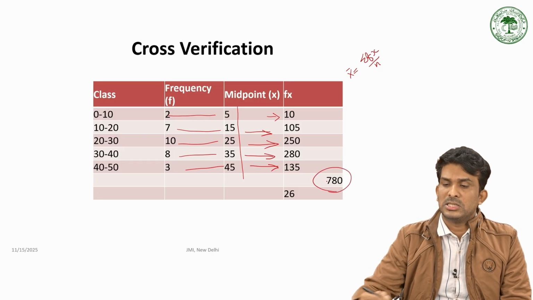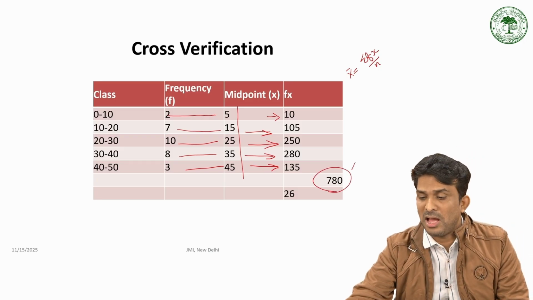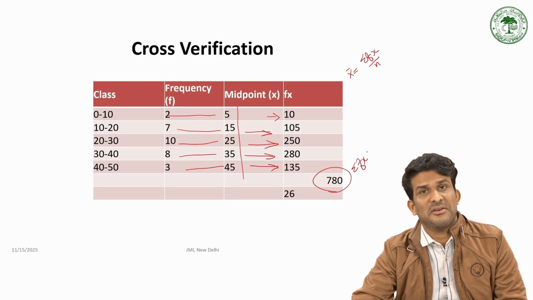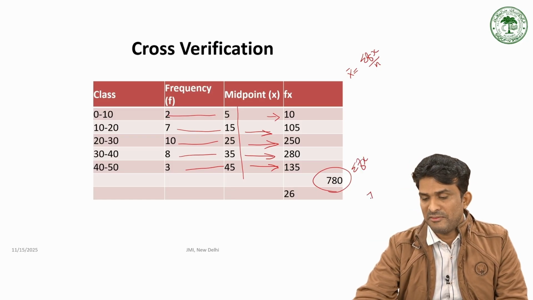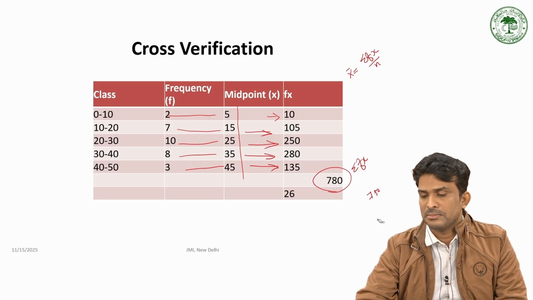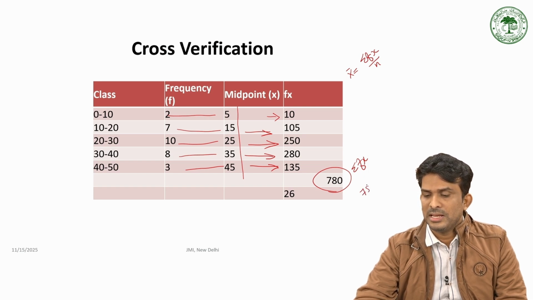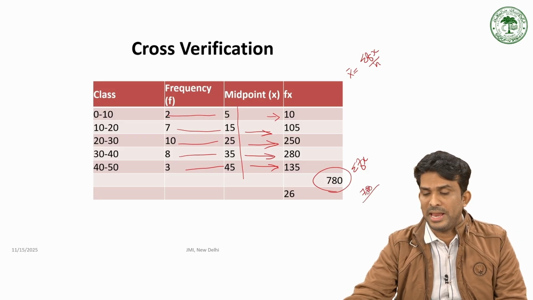Altogether, the total, that is sigma fx, is 780. 780 divided by the total number, that is n.